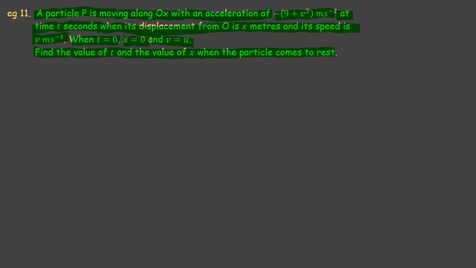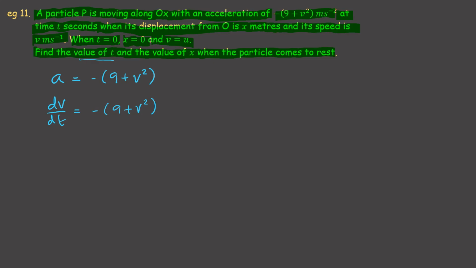Okay, well, let's deal with the t first. So we have a is equal to negative 9 plus v squared. That means dv dt is equal to negative 9 plus v squared.